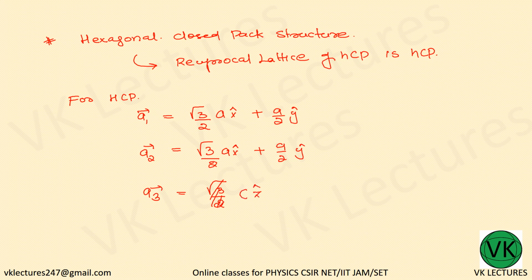So here in HCP we have a, b and c, where a equal to b, not equal to c. The volume of the HCP is root 3 by 2 times a square c. Right.